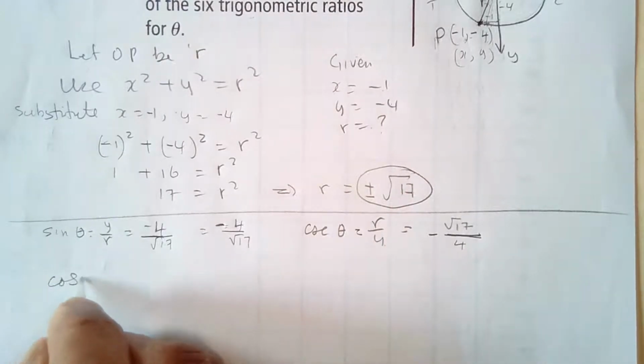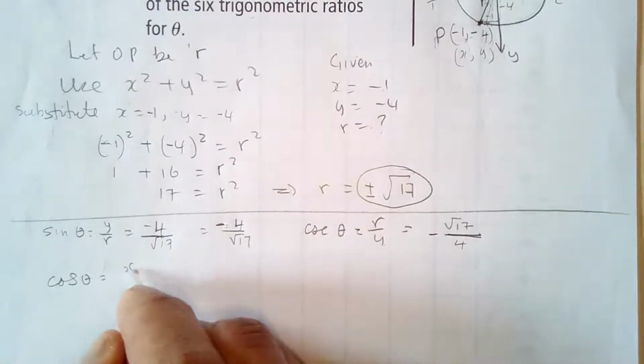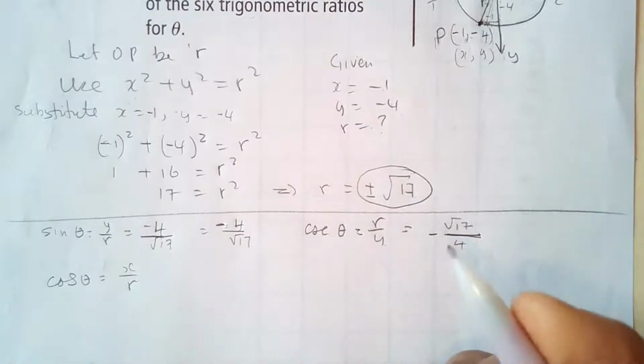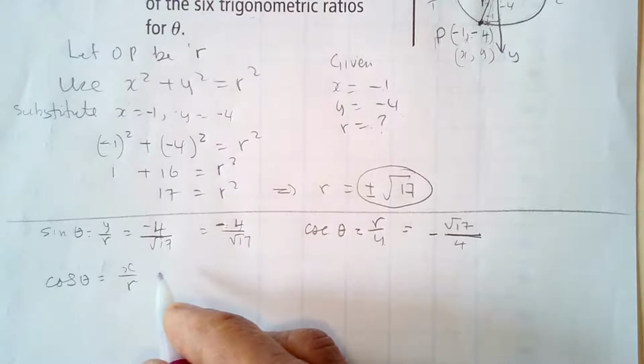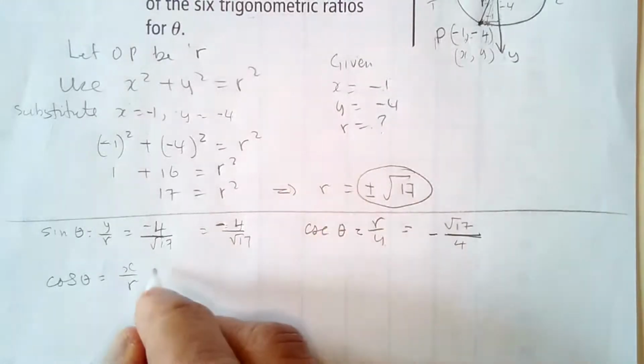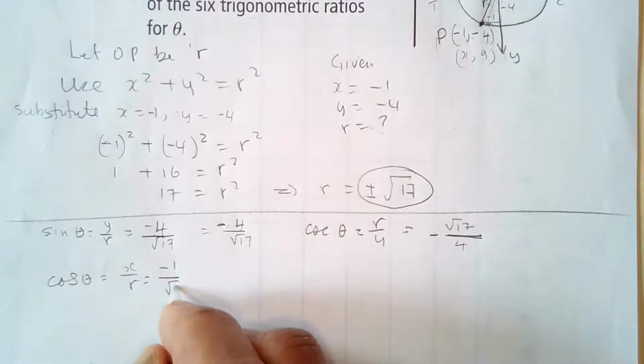So we have cos theta now. We have x over r. Now, make sure I get this right. So x over r, x is -1 now, and r is root 17.